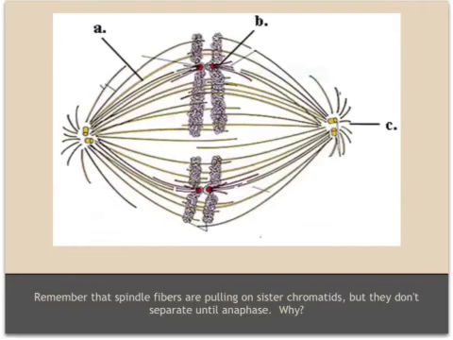Remember that at metaphase we've got chromosomes being attached to spindle fibers. Those spindle fibers are actually pulling already, but those chromosomes don't separate. Why not? The spindle fibers are pulling on the sister chromatids, but those sister chromatids don't separate until anaphase. Well, why not? Let's take a look.